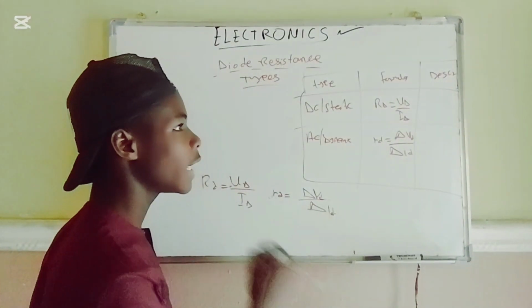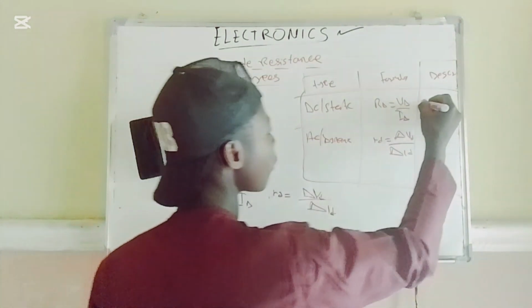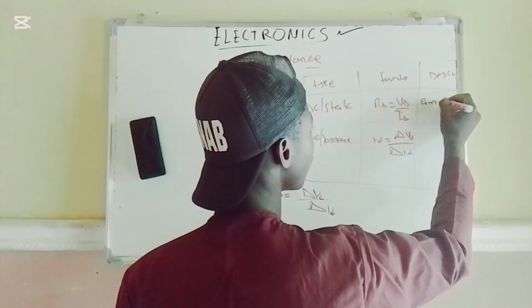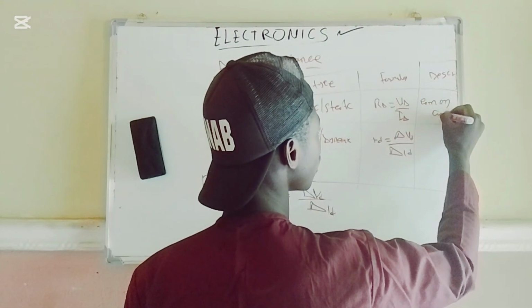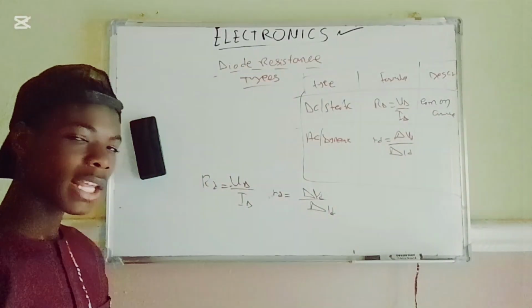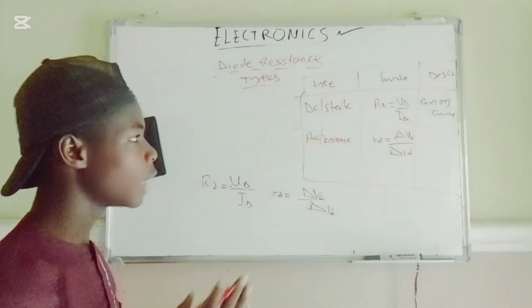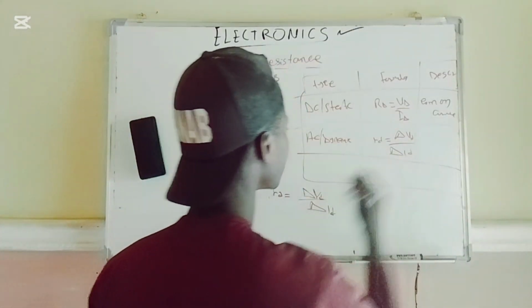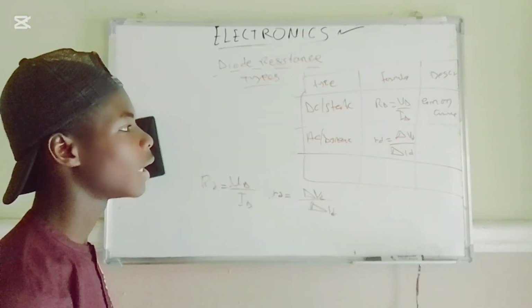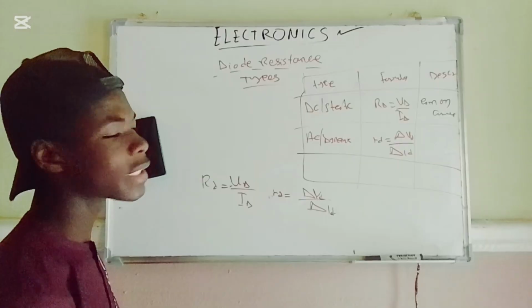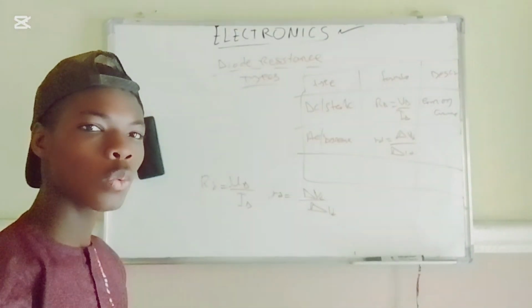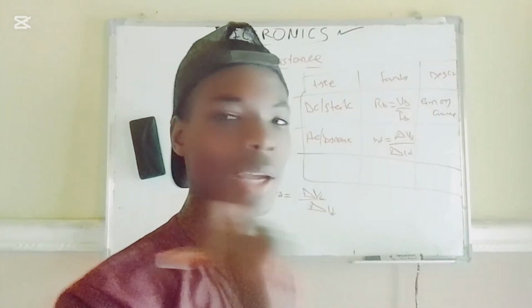The description here means that the DC or static diode resistance is the point on the curve. And therefore the AC or dynamic diode resistance is the slope at a point.